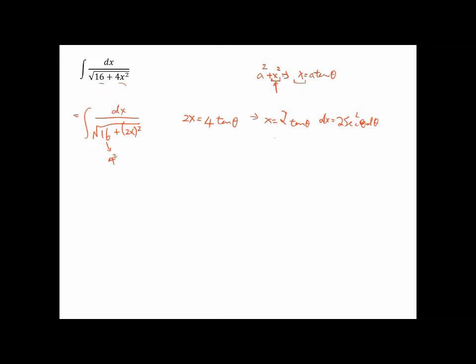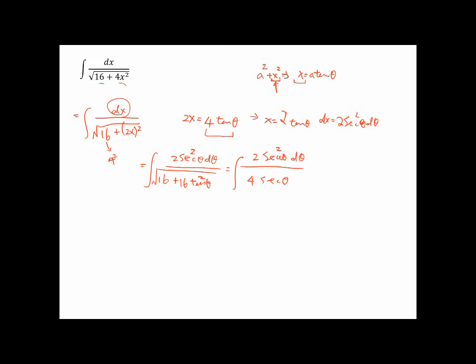Okay, and then plug in. The integral of 2 secant theta squared d theta, over, on the bottom, square root of 16 plus 4x squared, which is here 16 tangent theta squared. This equals 2 secant theta squared d theta, and then it simplifies to 4 secant theta.